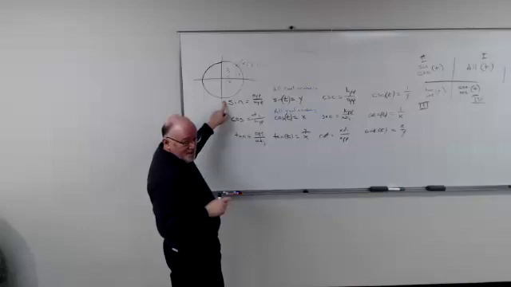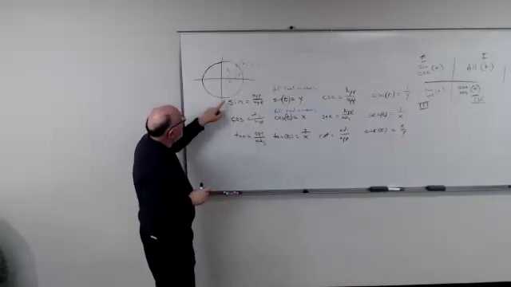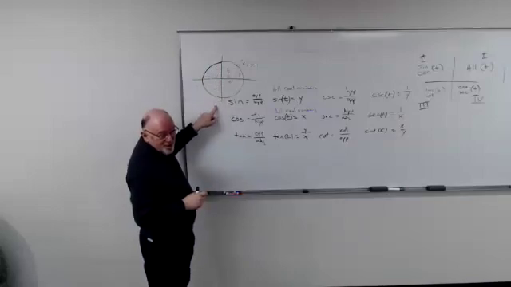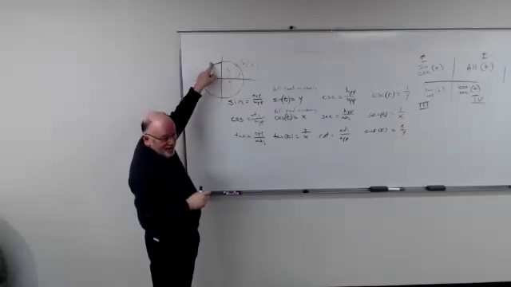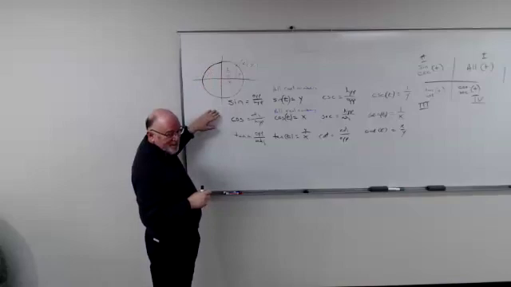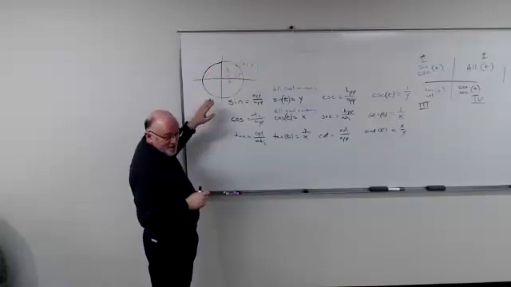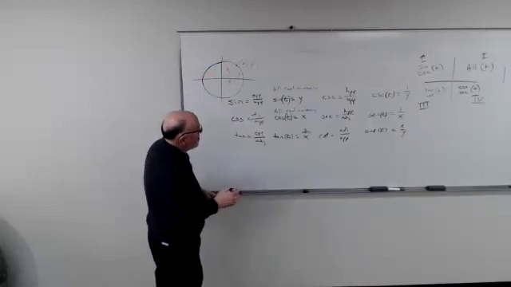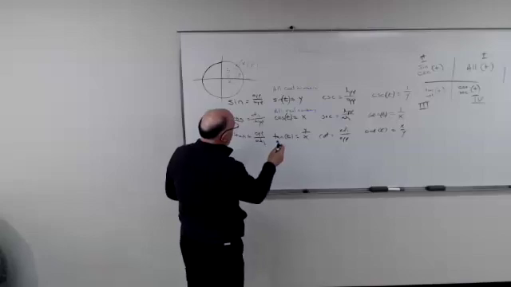Okay? So I start having problems at pi over 2, 3 pi over 2, 5 pi over 2, 7 pi over 2, negative pi over 2, negative 3 pi over 2, and so on. So we start having restrictions when I get to here.